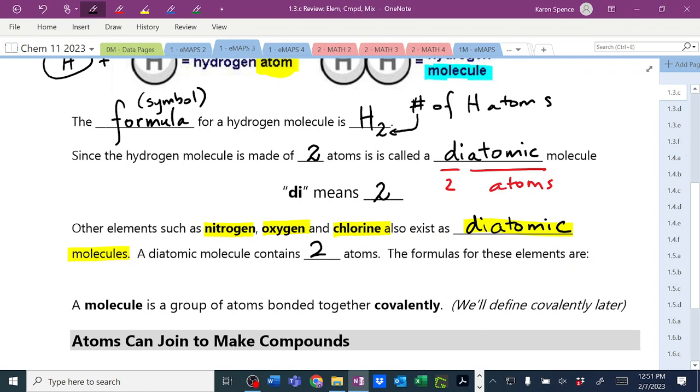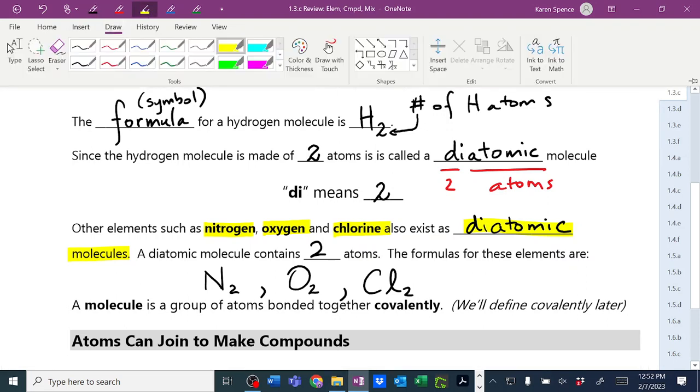We'll just give them to you, but we'll get you a periodic table soon, okay? Nitrogen is N, but because it is diatomic, it should be N2. And where does that little number go? It has to go at the bottom, not at the top. And then we have oxygen, which would be O2, and chlorine, which would be Cl2.